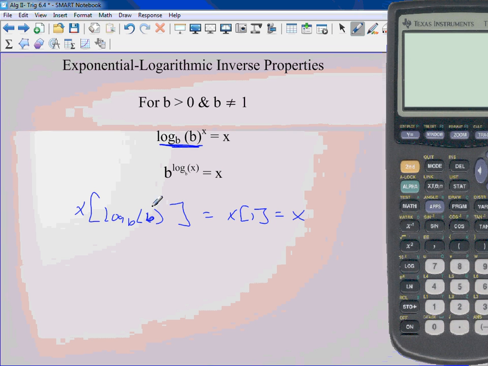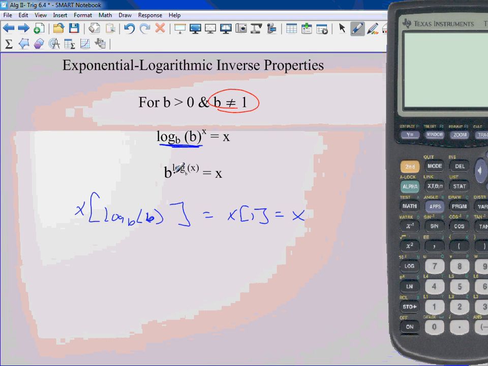Correct. But b cannot be 1. Yes, that b is tiny. B to the log b of the x.